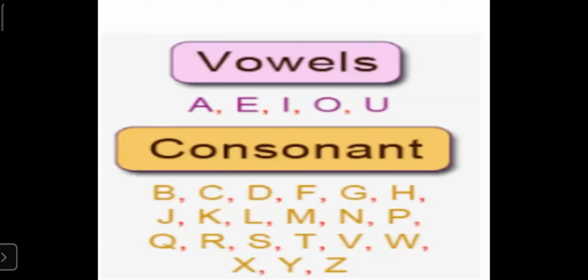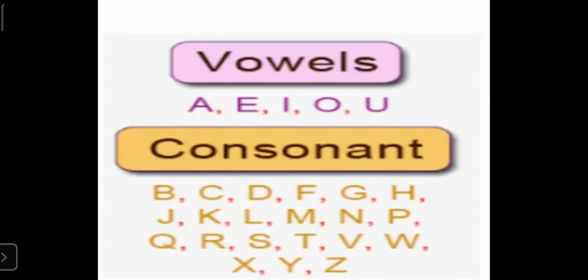Letters like A, E, I, O, and U are called as vowels, and letters like B, C, D, F, G, H, J, K, L, M, N, P, Q, R, S, T, V, W, X, Y, and Z are called as consonants.